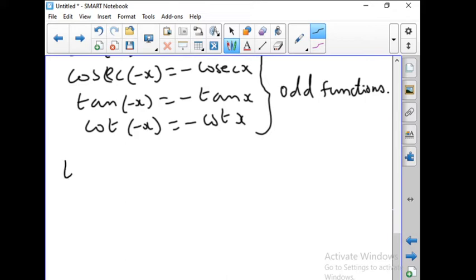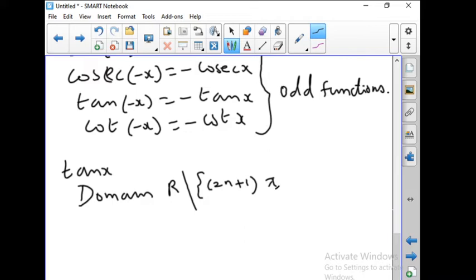What about tan x? Its domain is R, with a slash given like this. The slash denotes except.